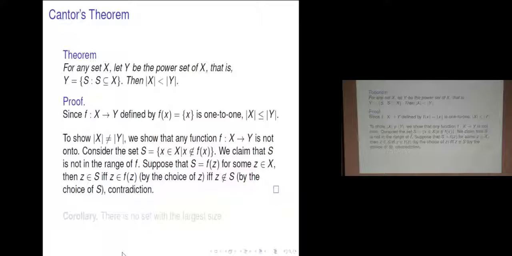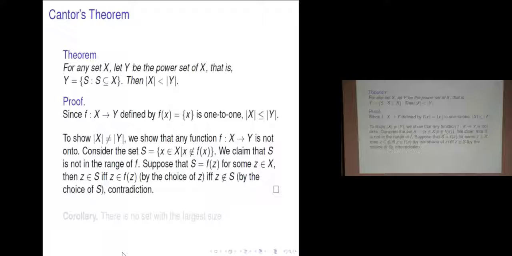So if Z is not in Fz, then S will take it. If Z is in Fz, then S will not take it. This is by my design, by the choice of S. So from Z in S, I get Z not in S.